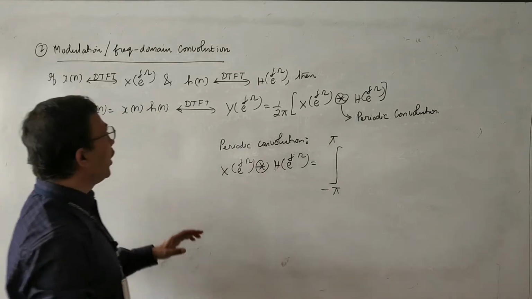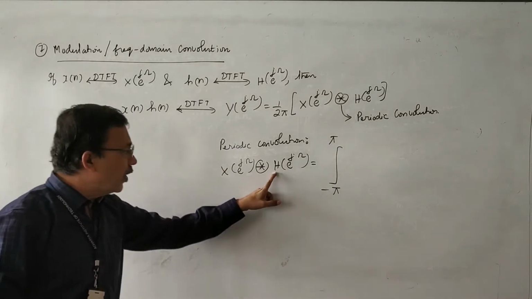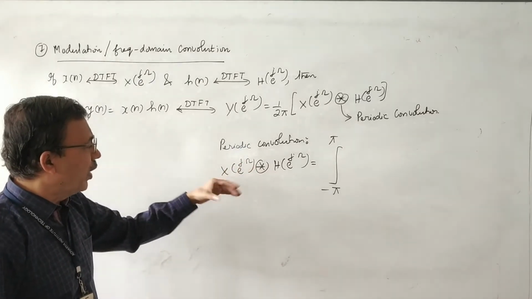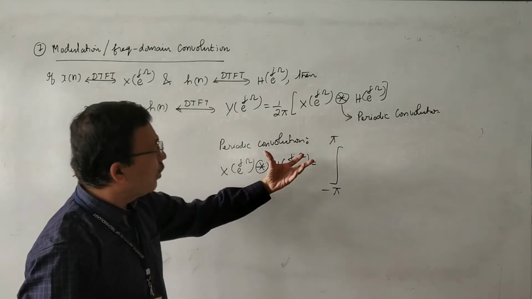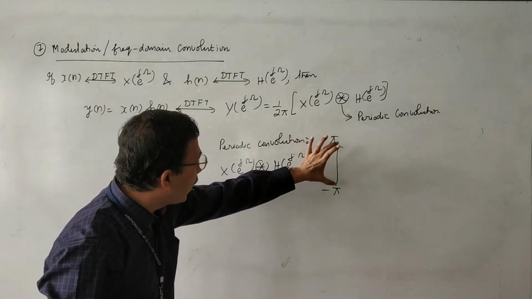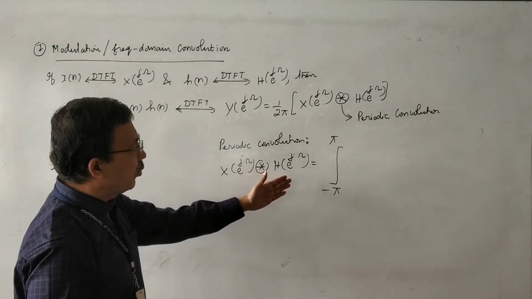What is the period of x of e power j omega? 2 pi. What is the fundamental period of h of e power j omega? 2 pi. The upper limit pi minus lower limit minus pi gives you 2 pi. This integration is over one period of x of e power j omega and h of e power j omega.